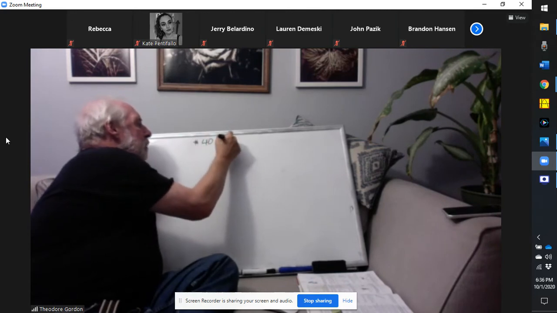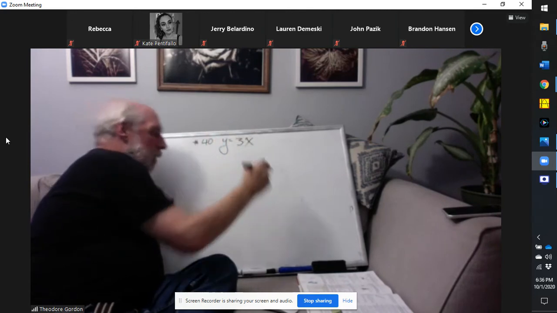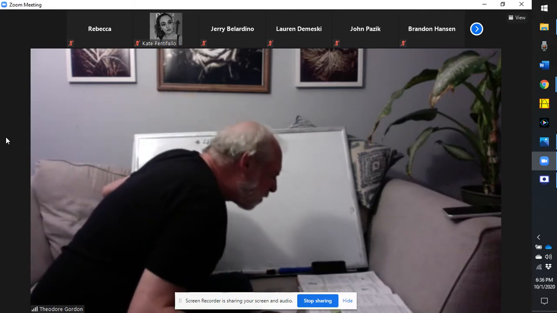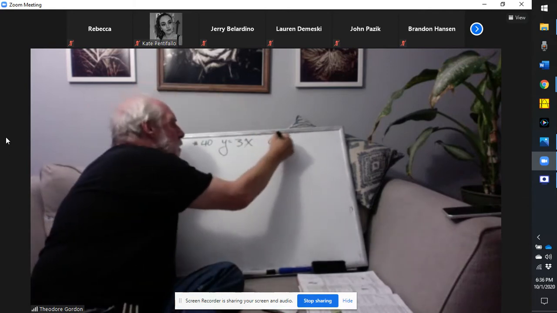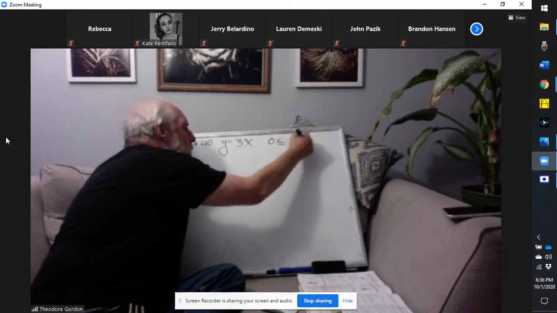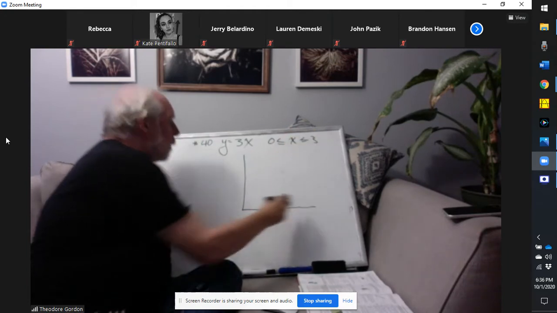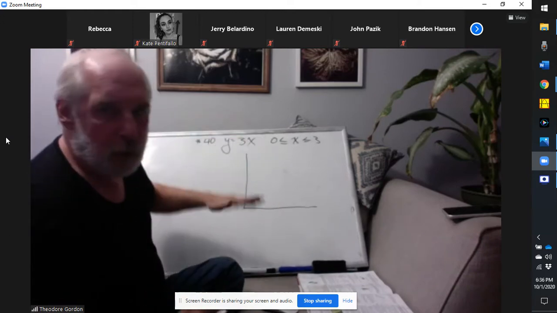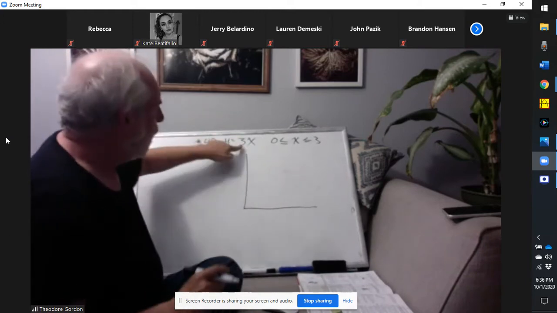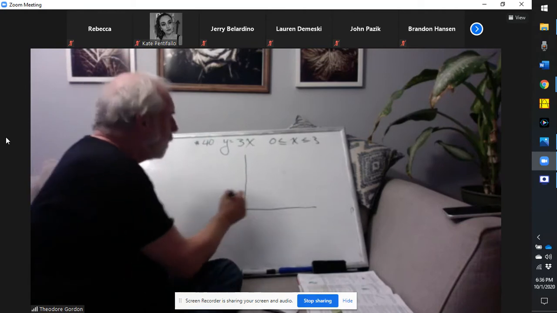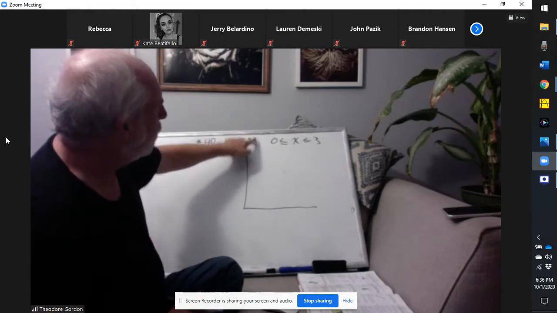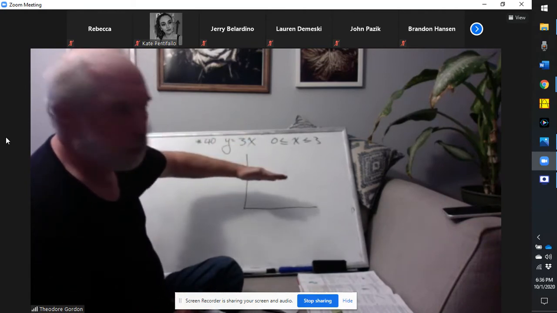So number 40 is y equals 3x, and we're going from 0 to 3. Well, x has an exponent of 1, so it's just a straight line, and the 3 just means it's tilted up. If you have x to the first, remember the number in front is the slope of that line.